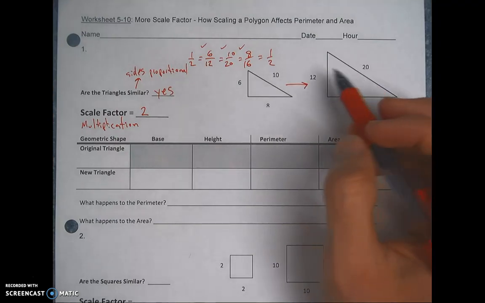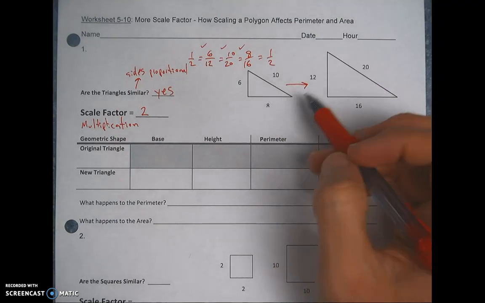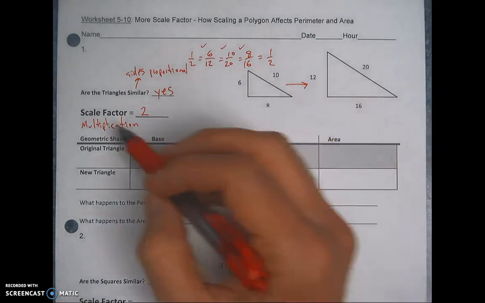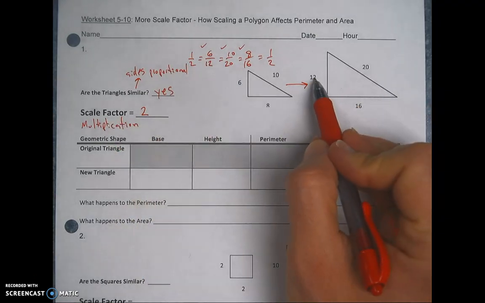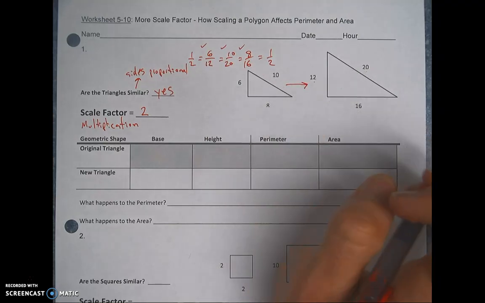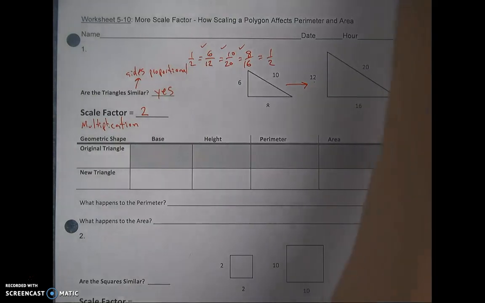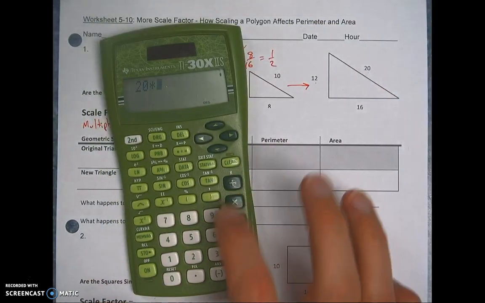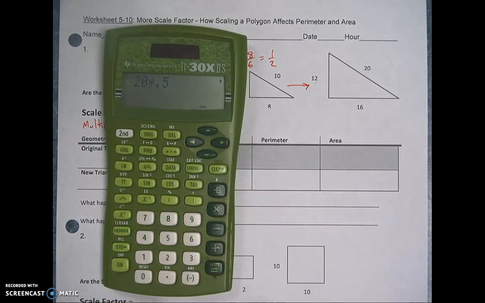Going the other direction now, a lot of students would say, well, I'm dividing by 2. So the scale factor is 2 still. But scale factor is always multiplication. What did I multiply 12 by to get 6, 20 by to get 10, 16 by to get 8? What you're actually multiplying by is 1/2 or 0.5. If you take 20 times 0.5, you get 10.